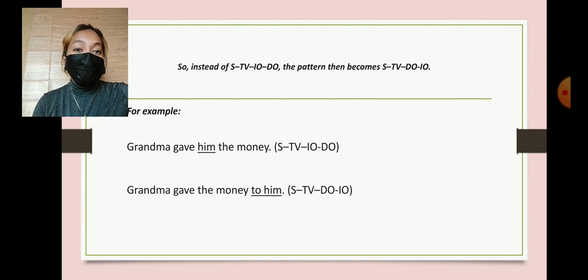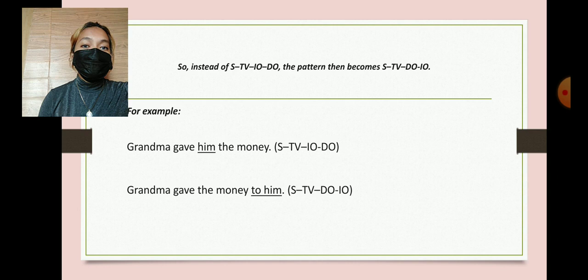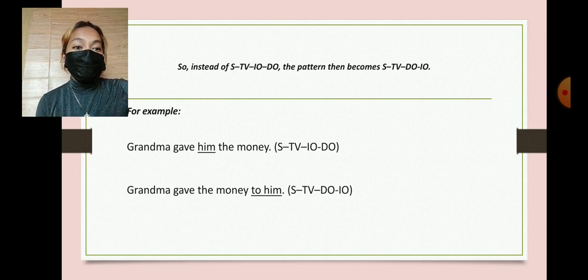This is the original pattern: subject, transitive verb, indirect object, and direct object. But there are instances where the direct object comes first before the indirect object. So we have the example: grandma gave the money to him. The pattern is subject, transitive verb, direct object, and indirect object.